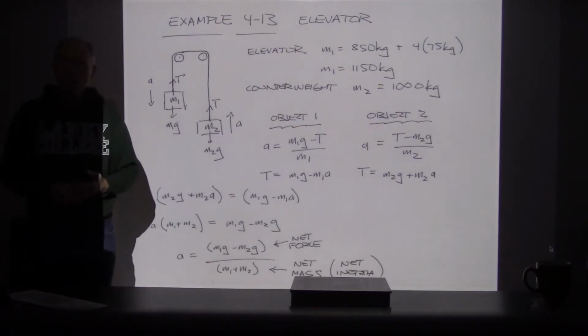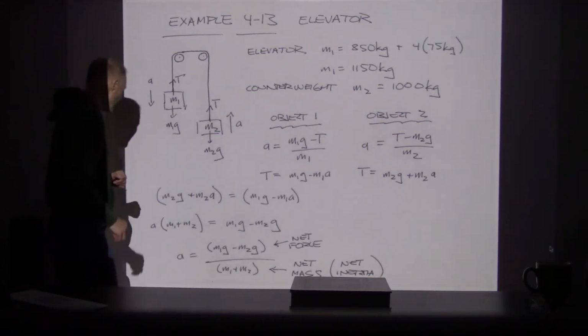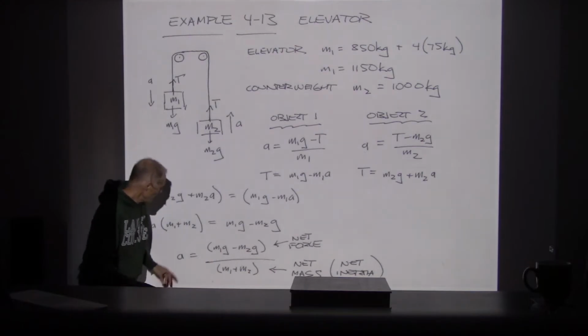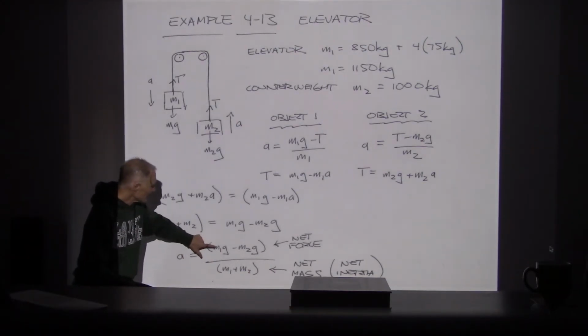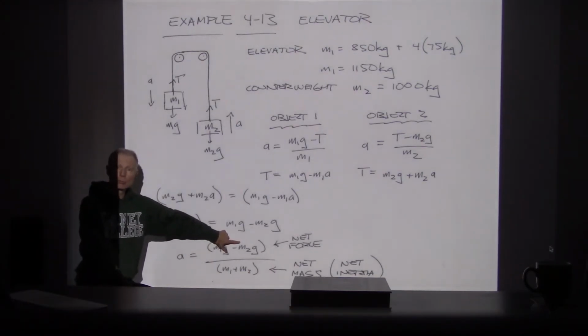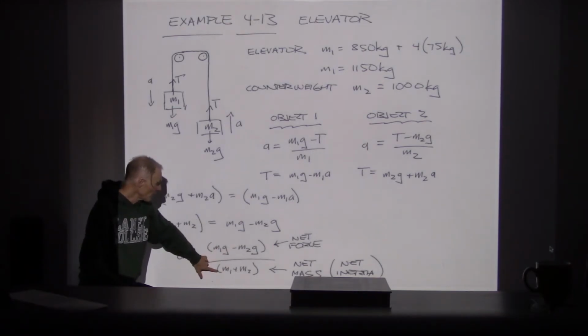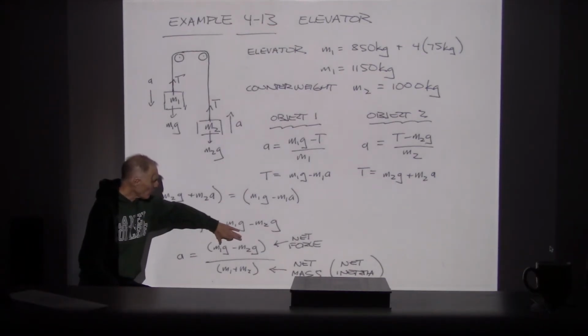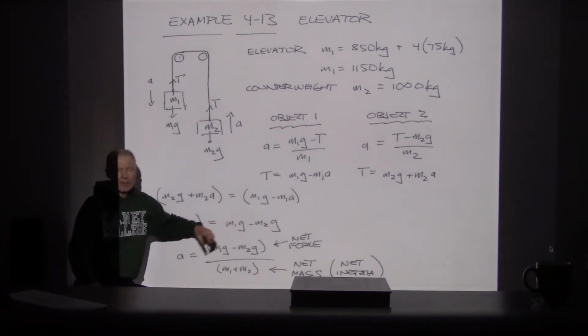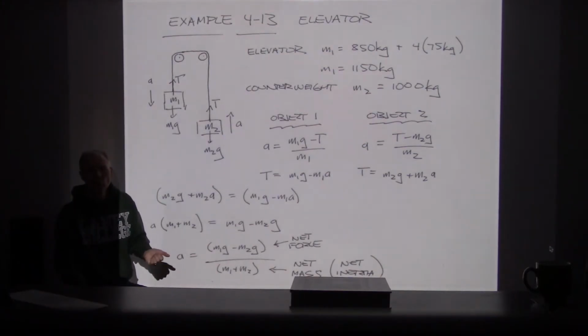I carefully went through the algebra, and I ended up with an acceleration that is m1g minus m2g divided by m1 plus m2. Now, just to point this out conceptually, what we have on top is the net external force.